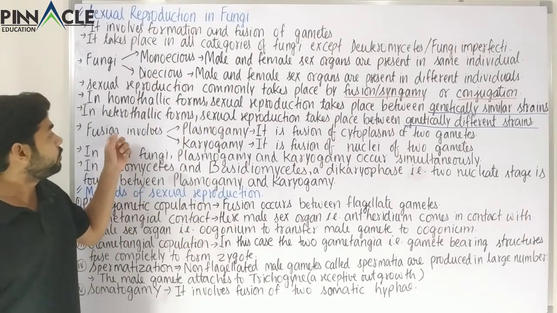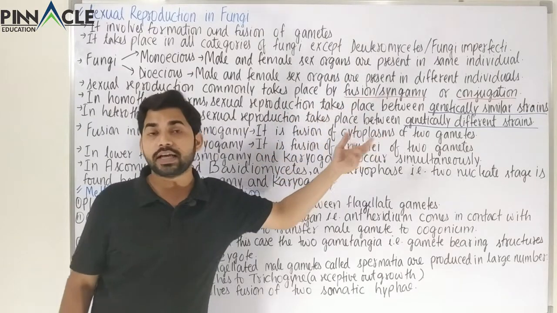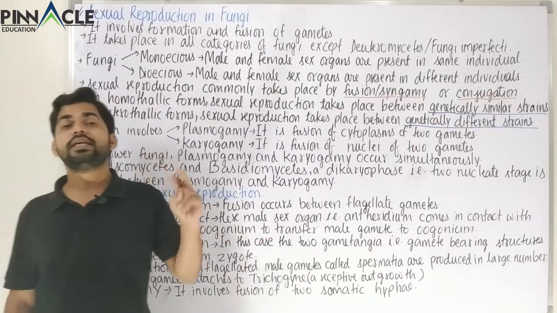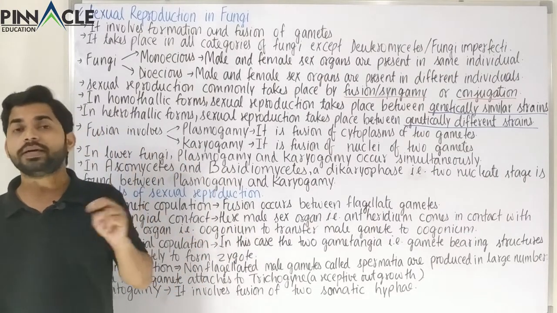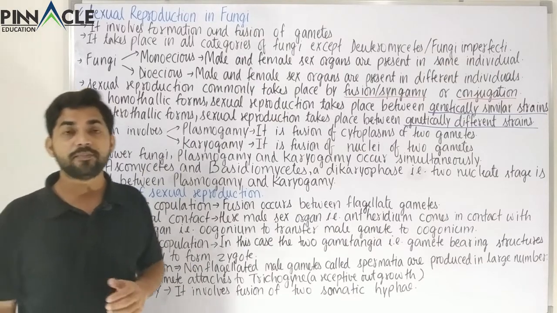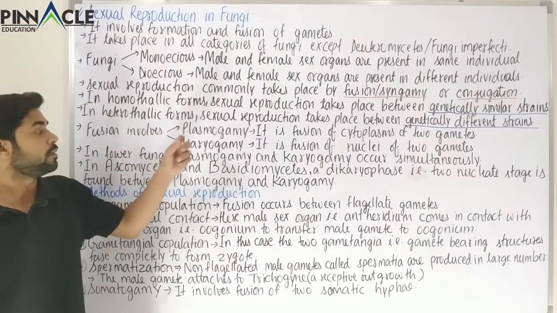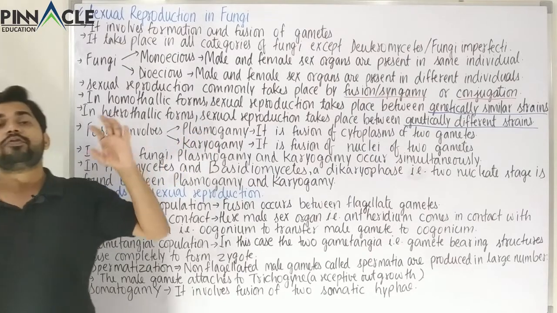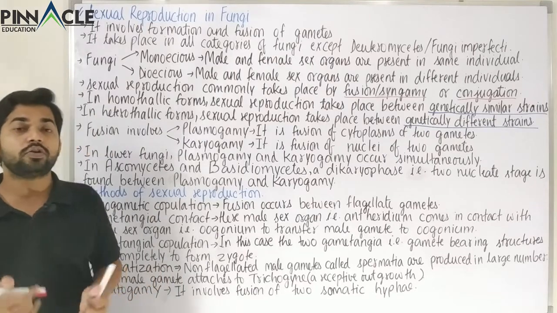Now in fusion, that is syngamy, or we can also say fertilization, it involves two basic steps. The first one is called somatogamy, or plasmogamy, which involves fusion of the cytoplasm of two cells or two gametes.